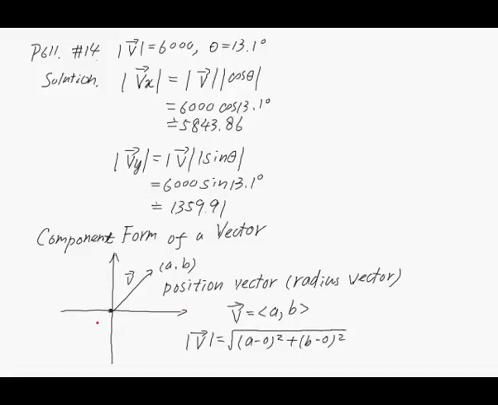It has 0, 0 as the coordinates. So you have the square root of a squared plus b squared as the magnitude of this vector in this component form.